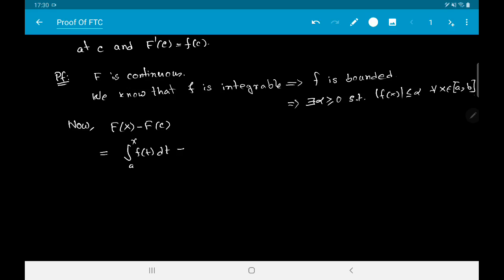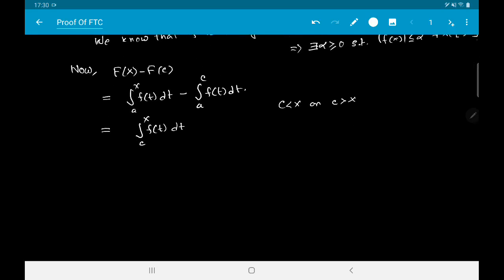So what is F(c)? This is the integral from a to c of f(t) dt. And by domain additivity, what we see is that this is nothing but the integral from c to x of f(t) dt. Here it can so happen that c is less than x, or it can so happen that c is bigger than x. We do not care. We know how to define this integral in each of the cases.